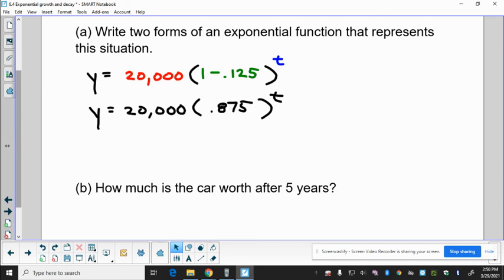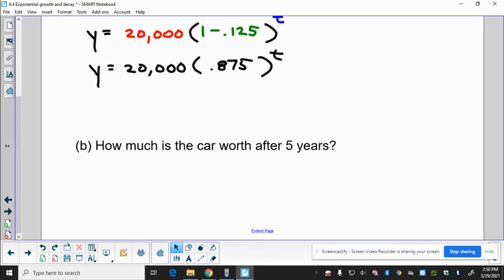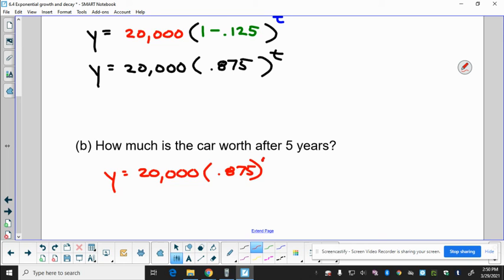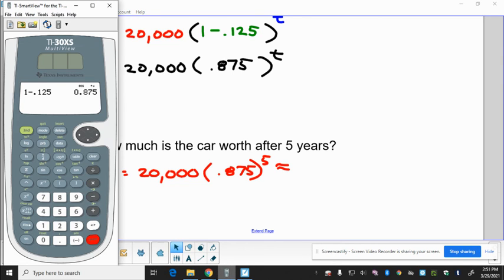So how much is it worth after 5 years? Well, that will be the exponent that we use. Let's see if we can calculate that. So that would be a $20,000 car depreciating and leaving itself only 87.5% for 5 years. It doesn't say what we should round to, but it's money.